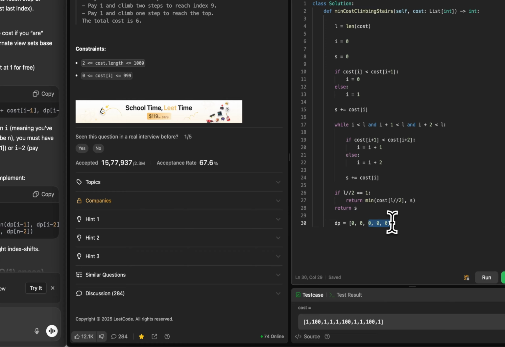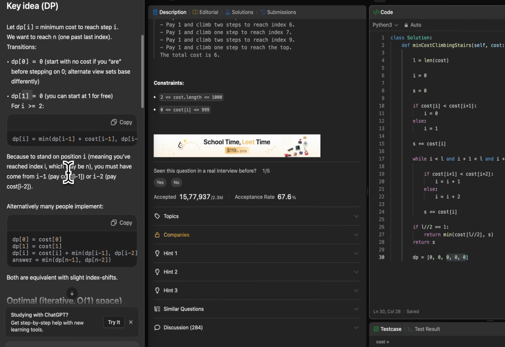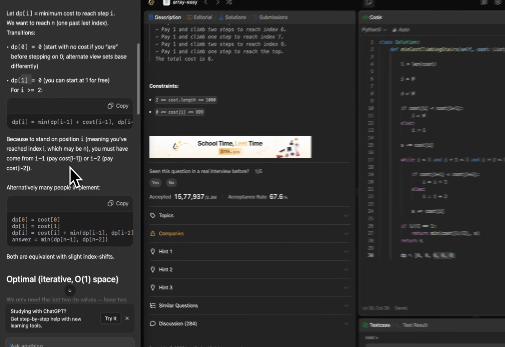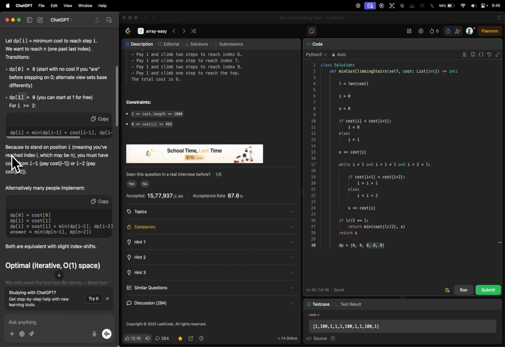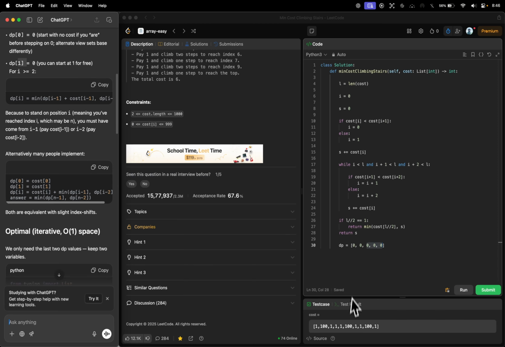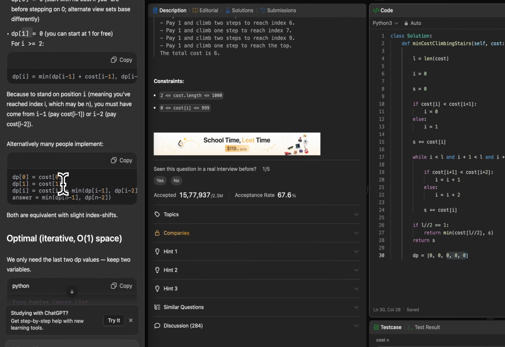So for this portion till the very end, what we need to do is, to stand at position i, meaning you have reached the i which may be n, you must have come from i minus 1 or i minus 2. That is correct. Let's say if I am standing over this, I would have come from here or from here. Correct.